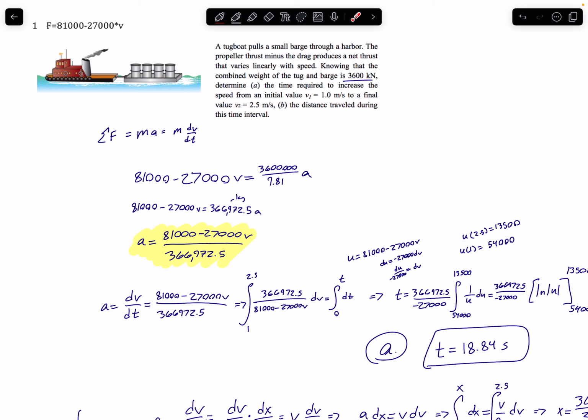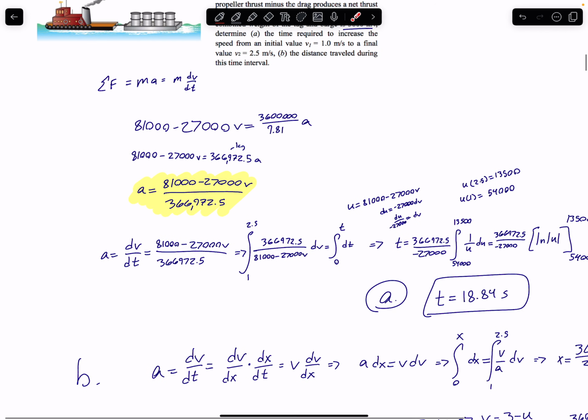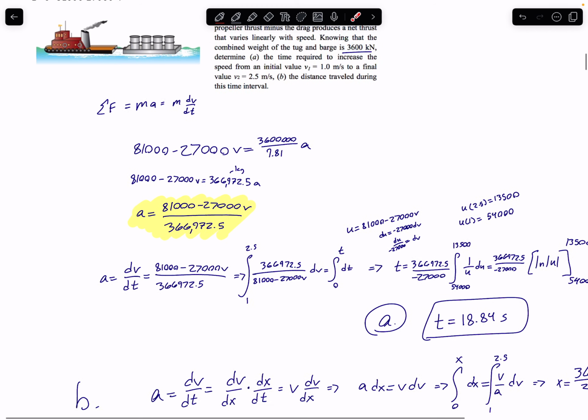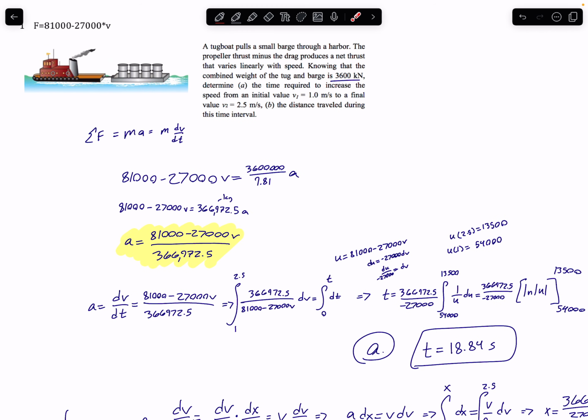So we know that F, or the force, is equal to 81,000 minus 27,000 times V, and we can set that equal to our mass, which is our weight divided by gravity, or weight over g. Actually, let me write that in: equals weight over g, and that's where we get that from.